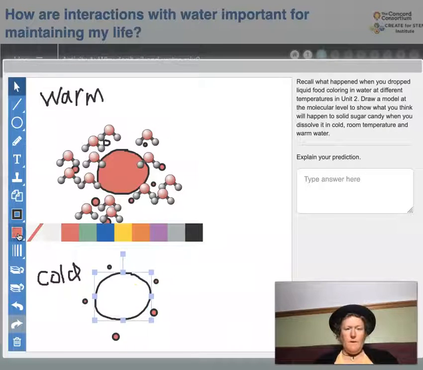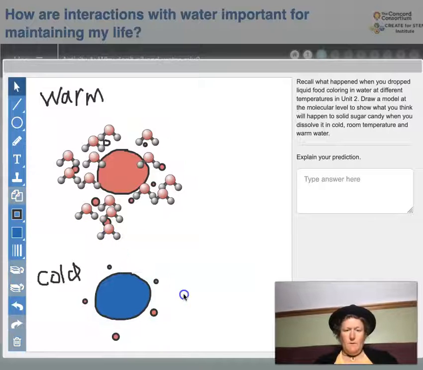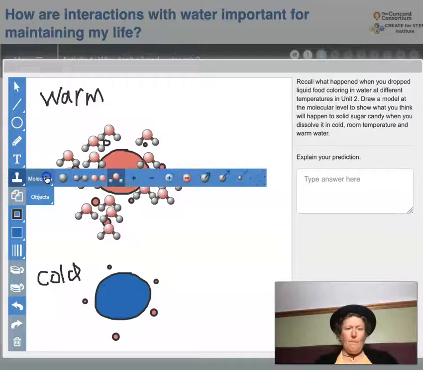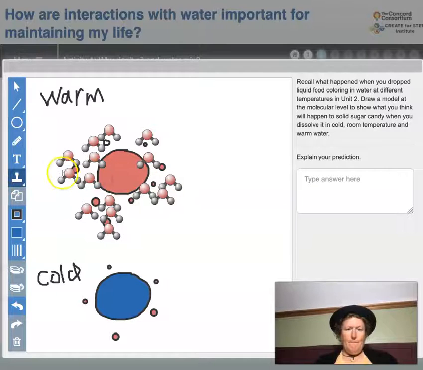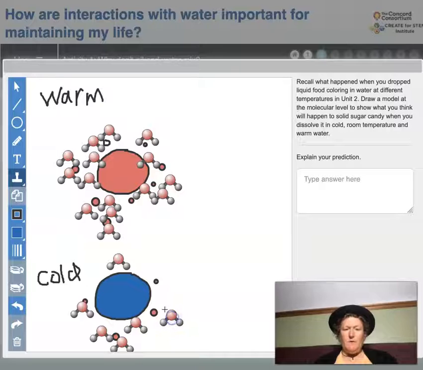I can fill in my candy, we'll make this one blue to show that it's in cold water, and then I'll put some water molecules with my stamper tool here to show that the water is pulling those molecules off the big piece of sugar.